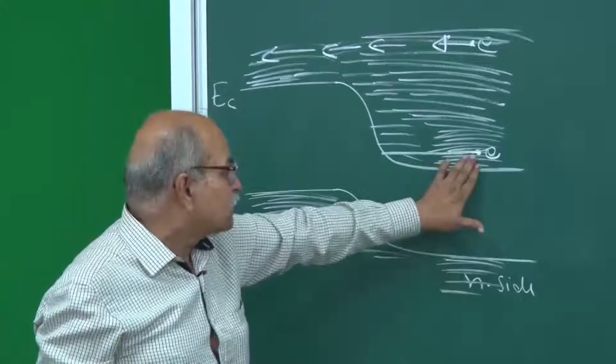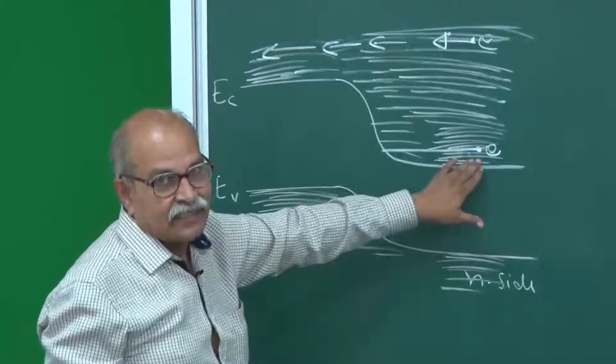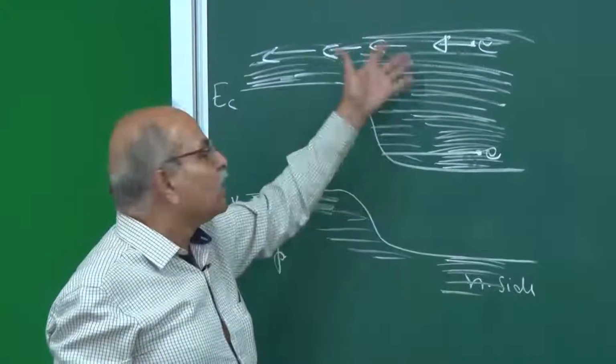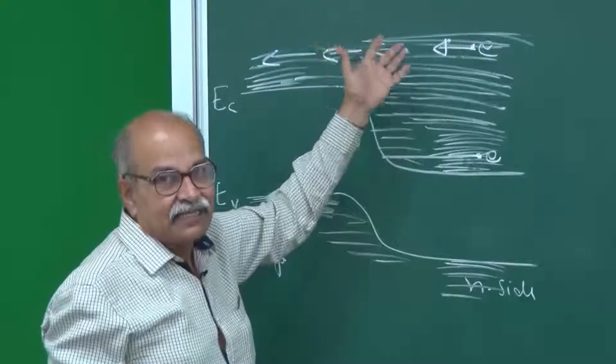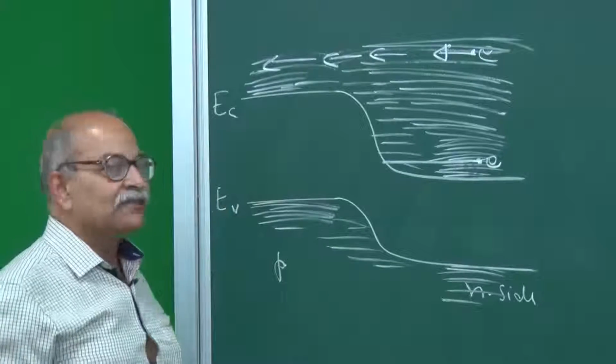So for the first electrons this barrier is not surmountable, at least classically, but for these electrons the barrier is crossed. The kinetic energy will decrease, but it can still cross over.